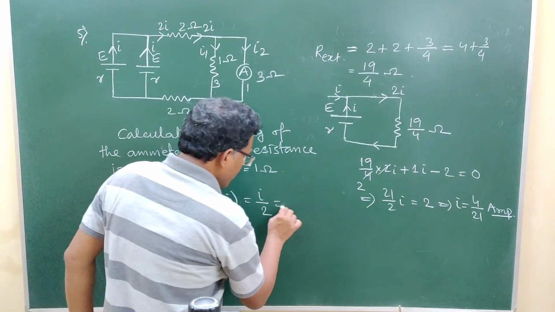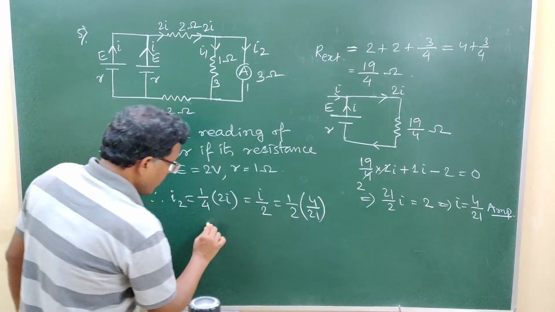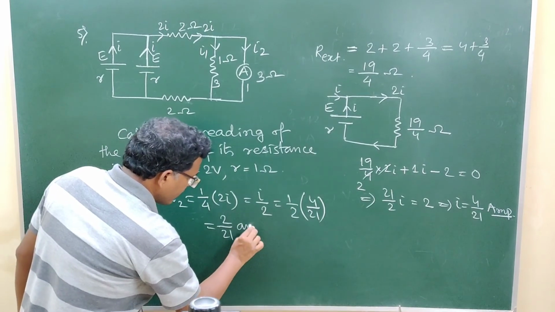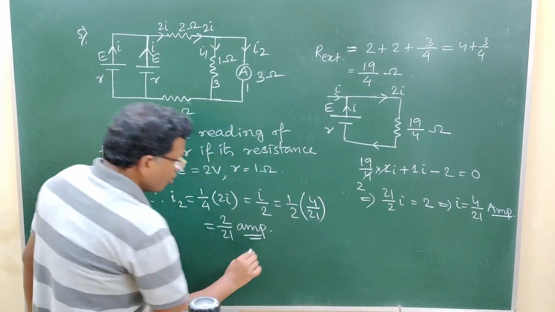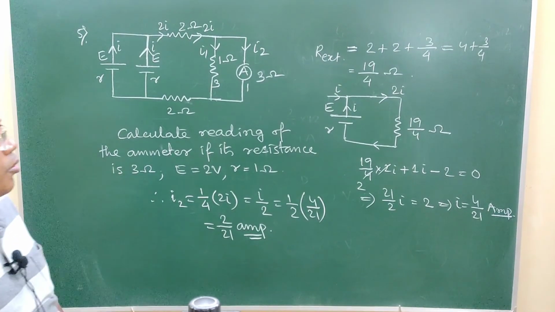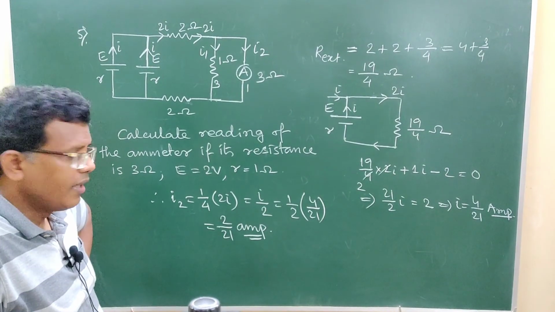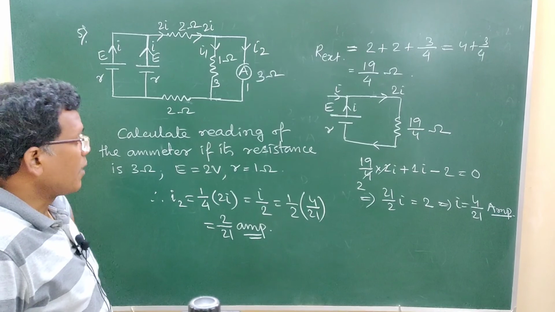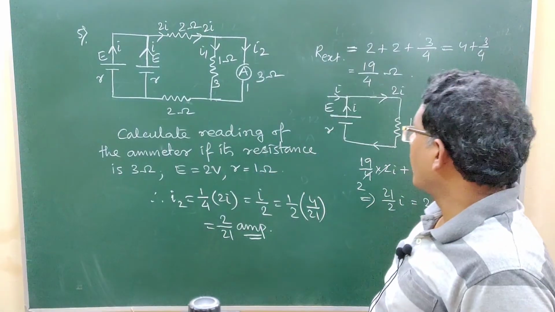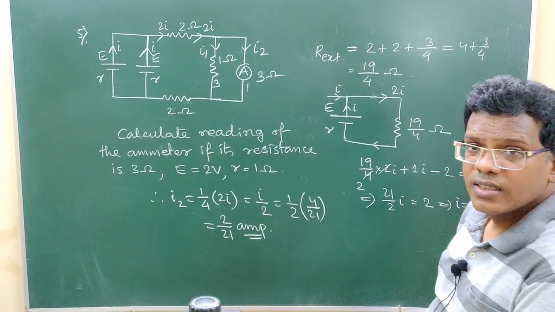Calculating, we get 1 by 2 of 4 by 21, which is 2 by 21 ampere. So the answer is 2 by 21 ampere, the value of I2 flowing through the ammeter branch, whose resistance is 3 ohm. So the ammeter reading will be 2 by 21 ampere. Got this one?